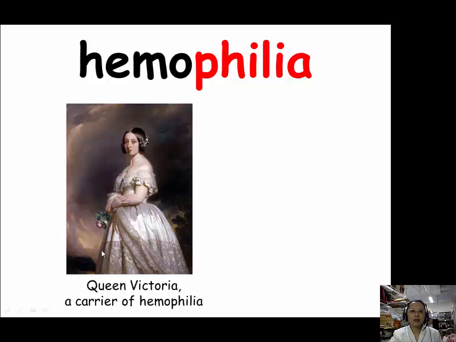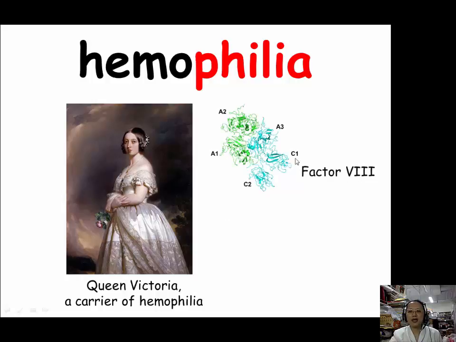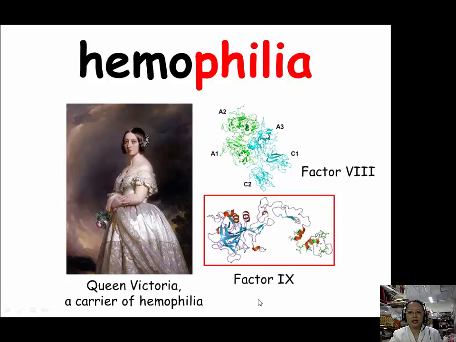The most famous hemophilia carrier is Queen Victoria. She is a carrier of hemophilia B. Hemophilia A is a defect of coagulant factor 8, and hemophilia B is a defect in factor 9. In research, they believe that Queen Victoria is the origin of the mutation.